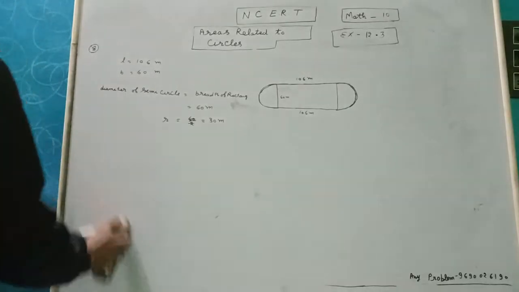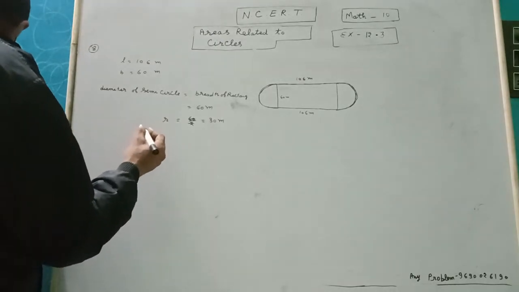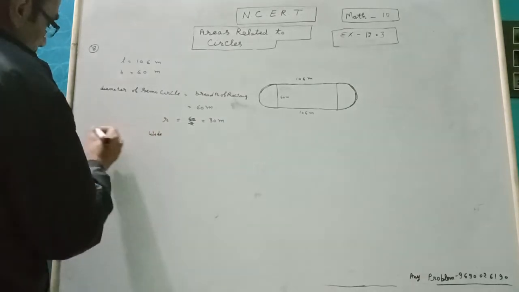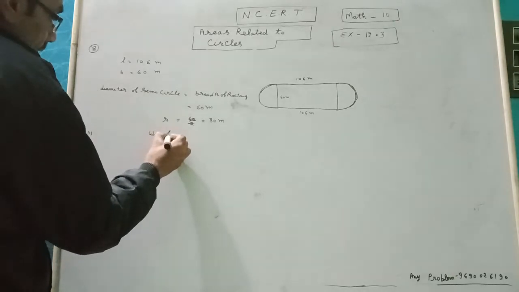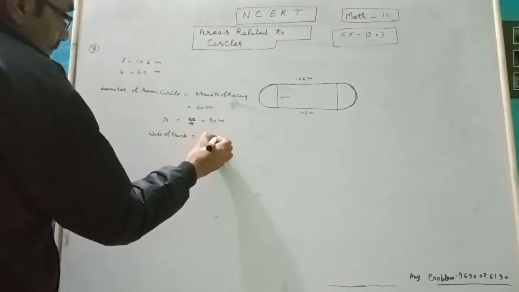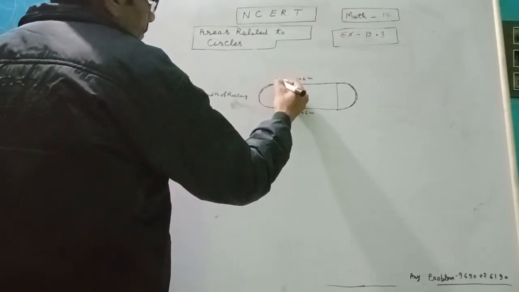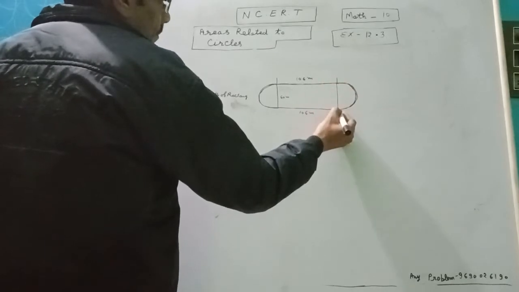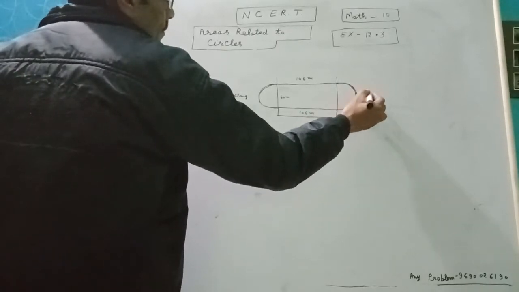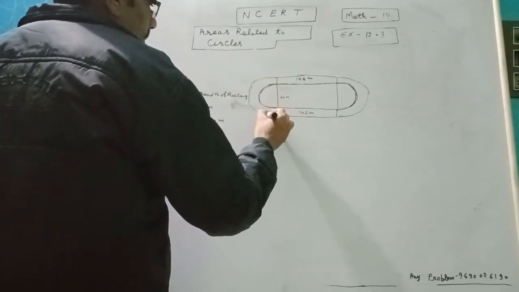Second part: the track width is 10 meter. That is figure 1.